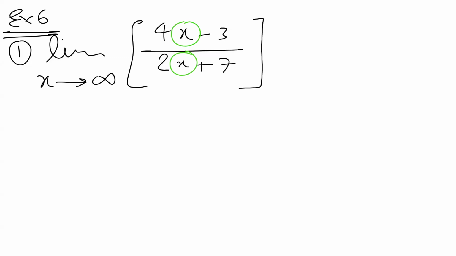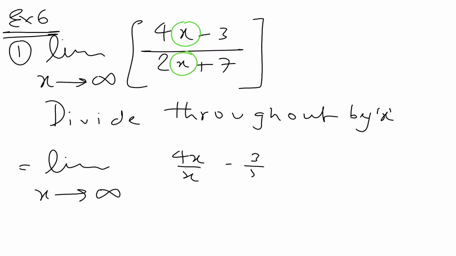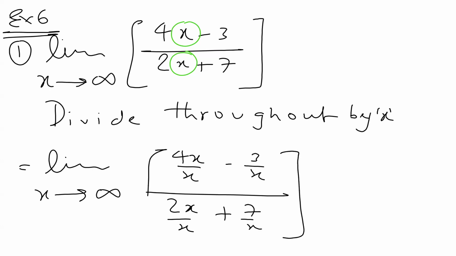We have to look out for the maximum power. So divide throughout by x. Each and every term will be divided by x. Now this will get cancelled and this will get cancelled. So we are left with this.